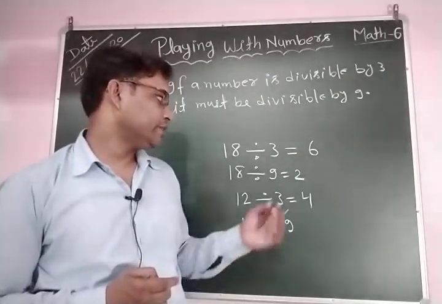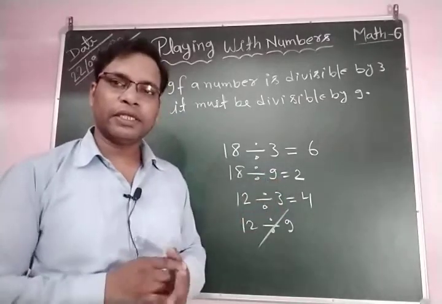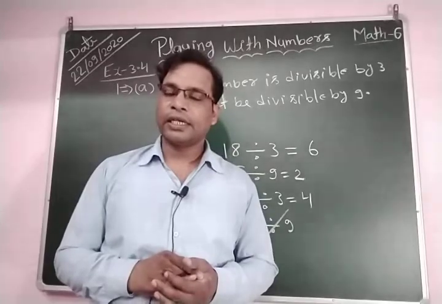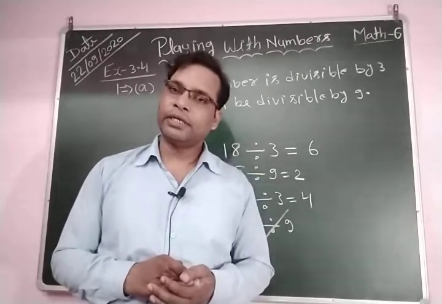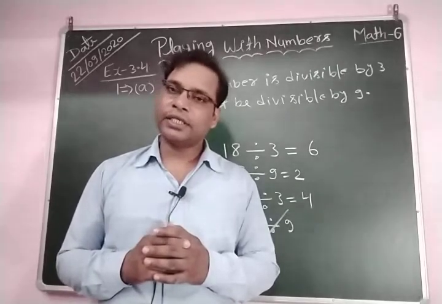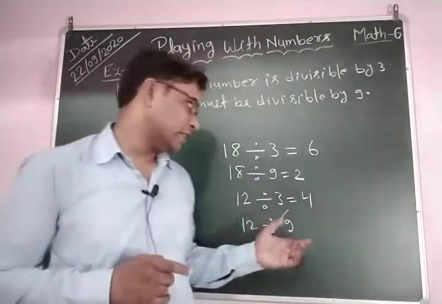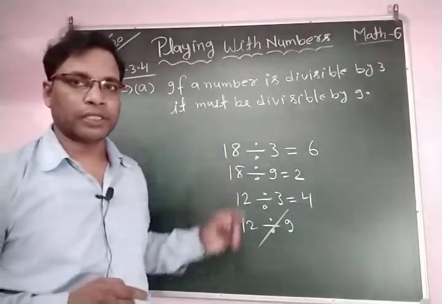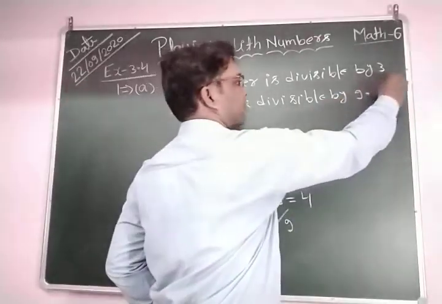Any number that is divisible by 3 is not necessarily divisible by 9. So our statement is false.